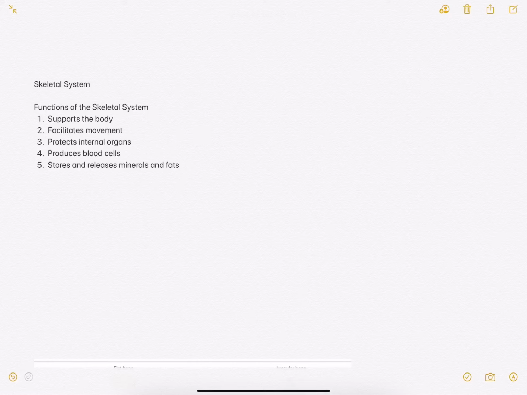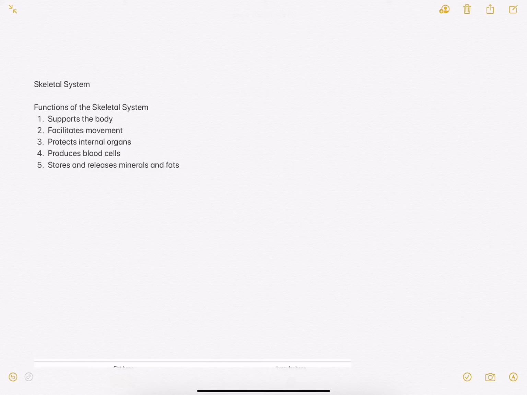Yellow marrow contains adipose tissue, or fat tissue. So it stores fat, but it can also serve as a source of energy if the body needs it. The red marrow, however, is responsible for the production of blood cells, such as red blood cells, white blood cells, and platelets.